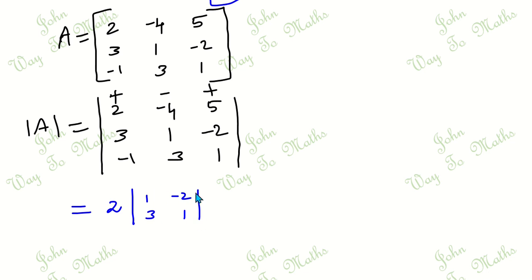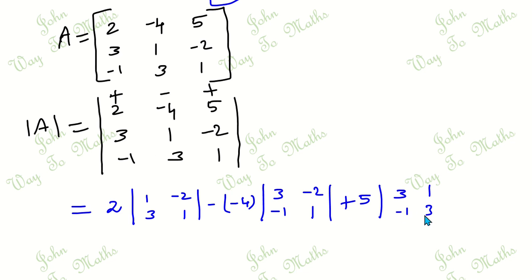Then I'm going to choose minus 4, the determinant becomes minus 4, row and column eliminated, then the remaining entries 3, minus 1, then minus 2, 1. Then plus 5 cofactors becomes 3, row and column eliminated. Here 3, 1, minus 1, 3. Which is equal to 2 times first diagonal minus second diagonal.